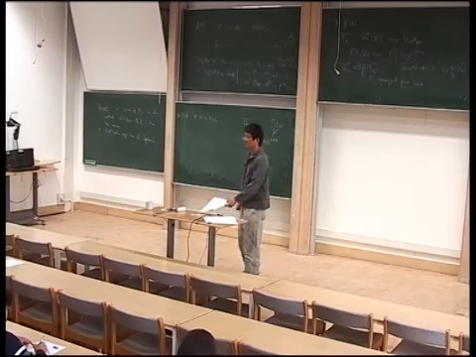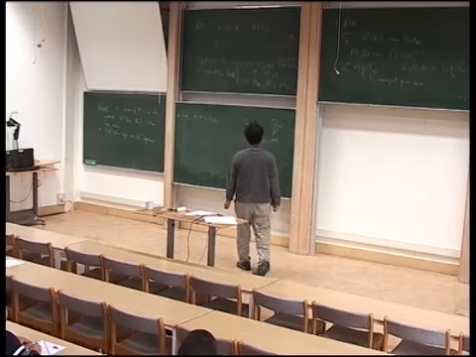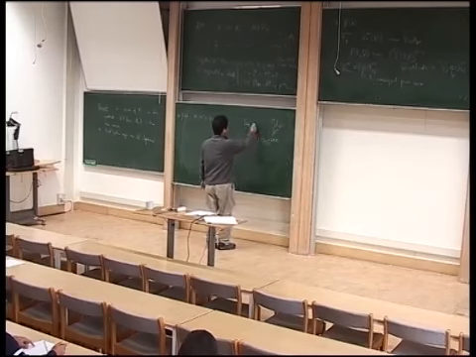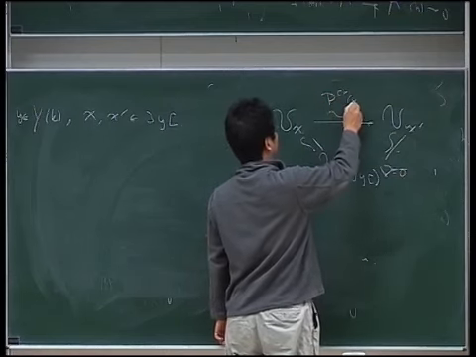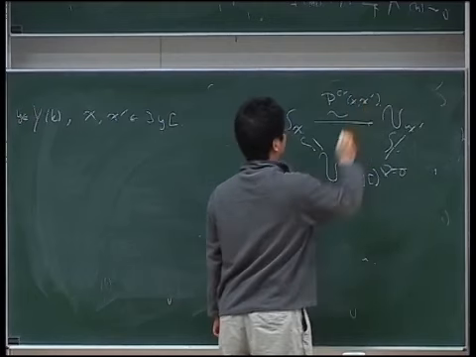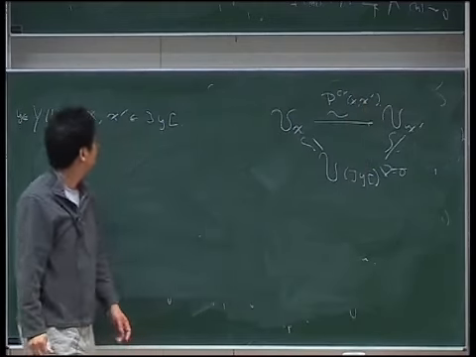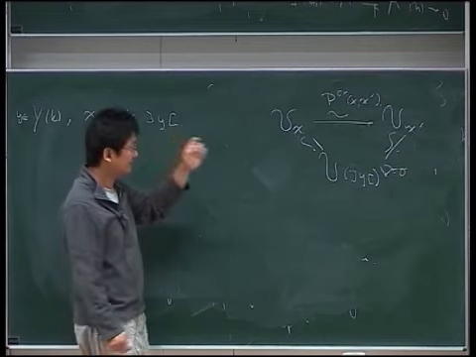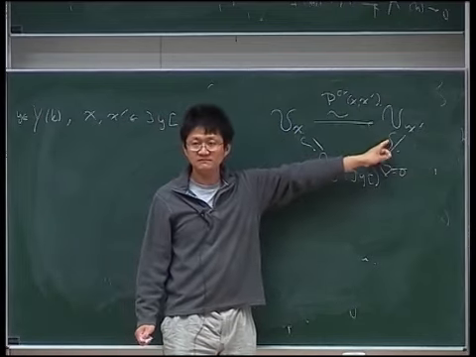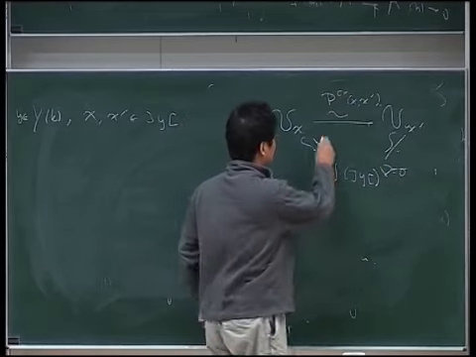Because these are generated by the horizontal sections. So what we get is an isomorphism from here to here, which maybe I'll call P from x to x prime. Between any two points in a given tube, you get a canonical isomorphism this way. And this, of course, is parallel transport again.